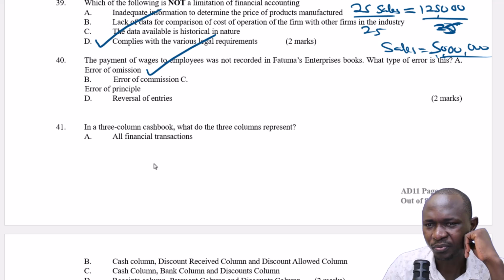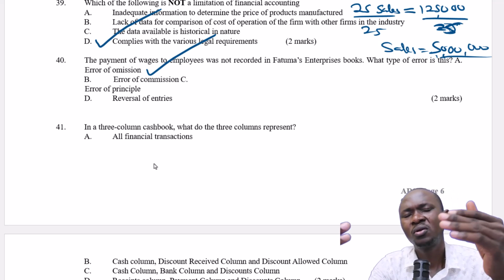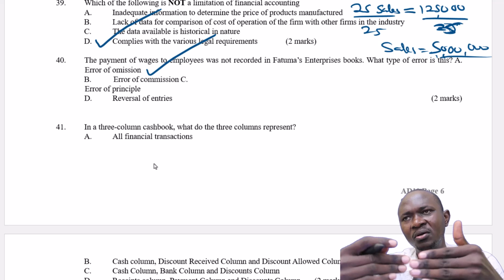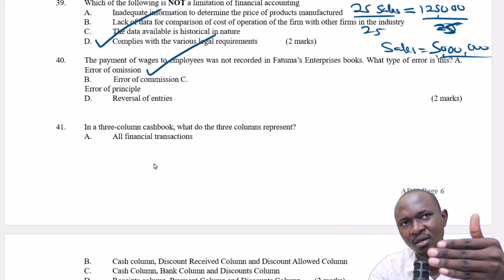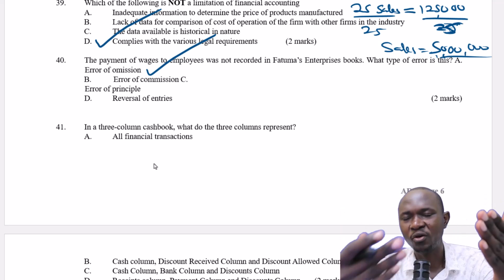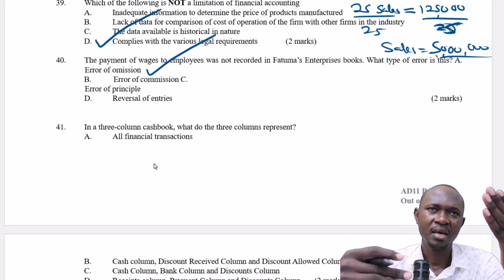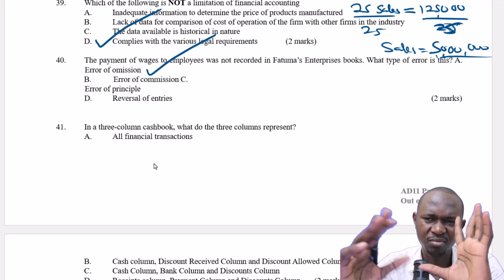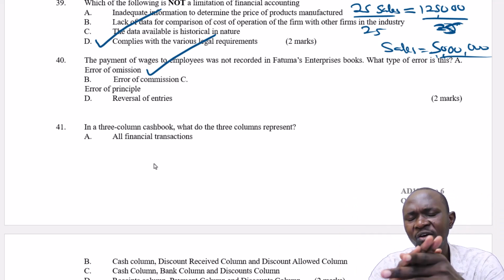But let's move on. Error of commission. No. Error of commission occurs when instead of debiting an account of one of the debtors, you debit the account of the other debtor. For example, if you have P. Onyango and A. Onyango, instead of debiting P. Onyango, you debit A. Onyango. That's an error of commission. Error of principle.